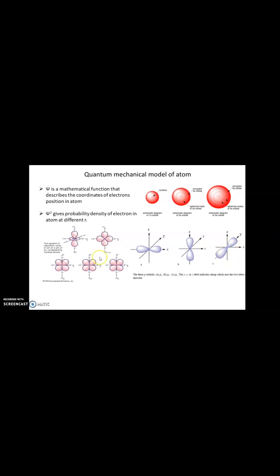Now, in the case of the d orbital, there are 5 d orbitals possible, since the l value for the d orbital is 2, so the ml values will be -2, -1, 0, +1, +2. The 5 d orbitals are dxy, dxz, dyz, dx square minus y square, and dz square. What are the shapes?